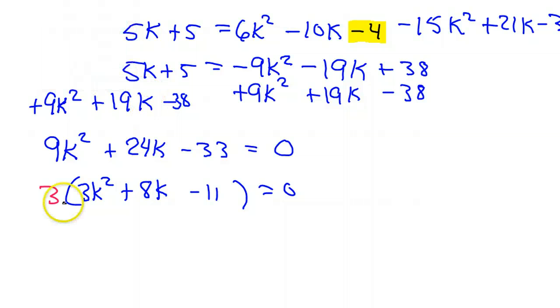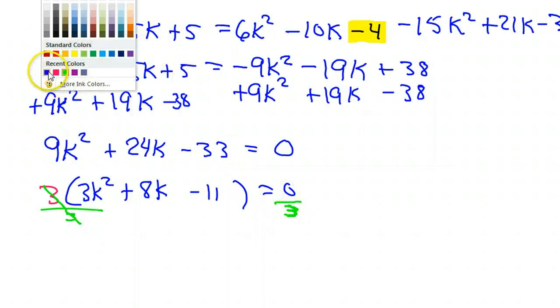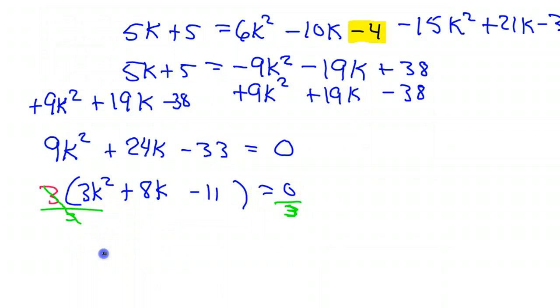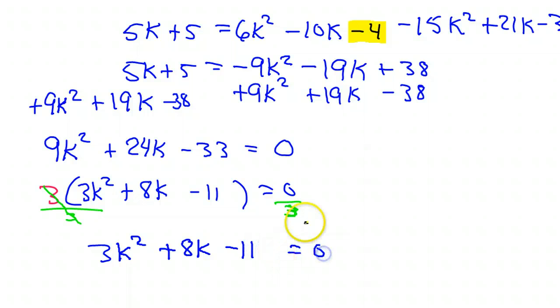However, I can immediately divide both sides by 3, and these would cancel out, and 0 divided by 3 is 0. So you can do that in your head next time and just get 3k squared plus 8k minus 11 equals 0.